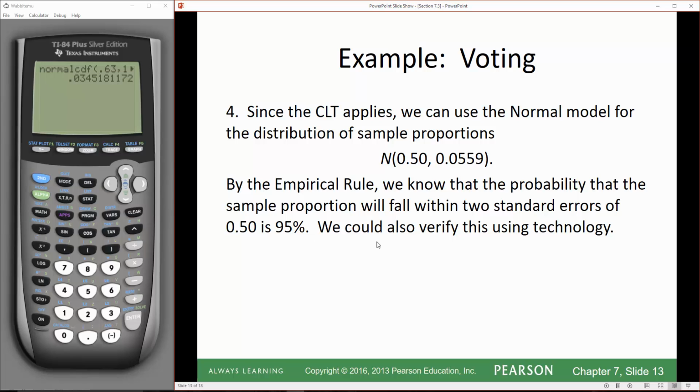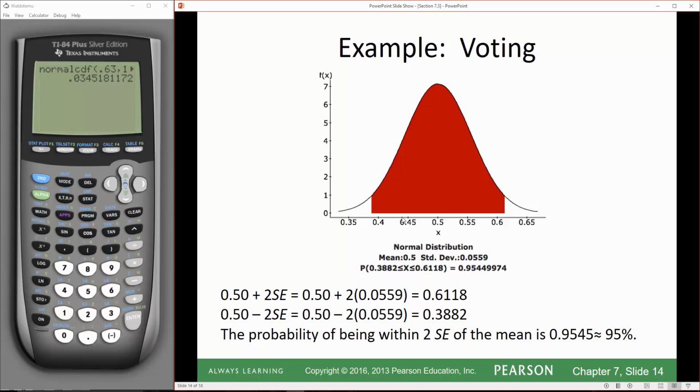We could also verify this using technology. So we could go to second distribution, go to normal CDF.